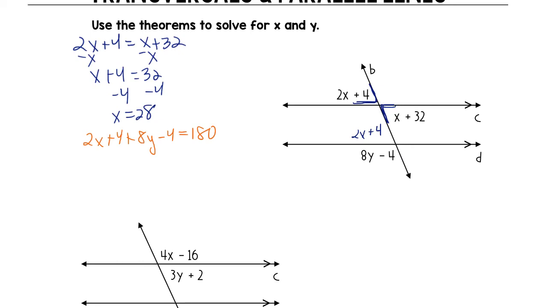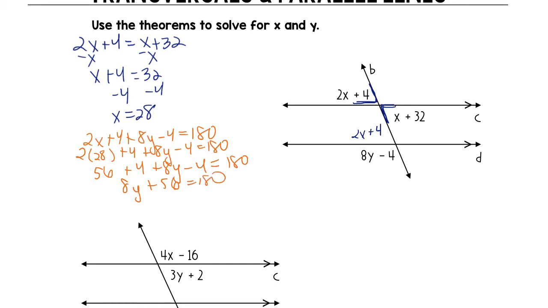Luckily, I can plug in what we know about x to our equation and only have y left. So we've got 2 times 28, that's 56, plus 4, plus 8y minus 4 is 180. That's 8y plus 56 is 180.